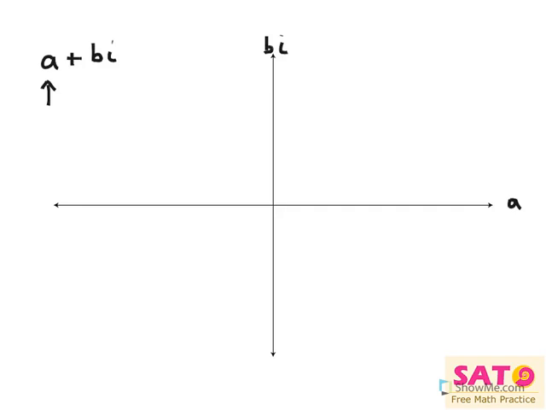So if we wanted to graph this, let's say we have 3 plus 2i. We see the 3, so let's make 1, 2, 3. We know it has to be on this axis right here.